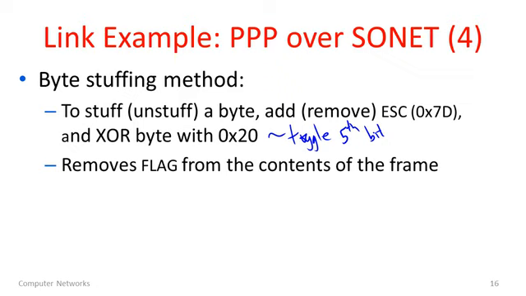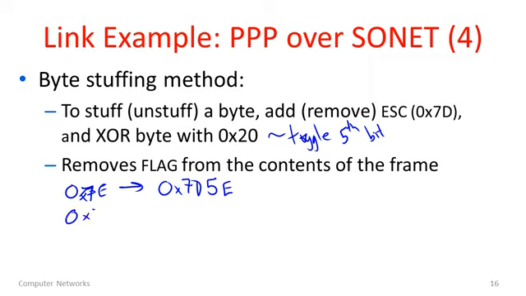So for instance, if I have 0x7e in the data, I will get 0x7d, the escape character, and then I'm going to XOR 7e with 0x20. That will flip the 5th bit, and I'll actually get 5e. I've just changed the value of 1 bit.